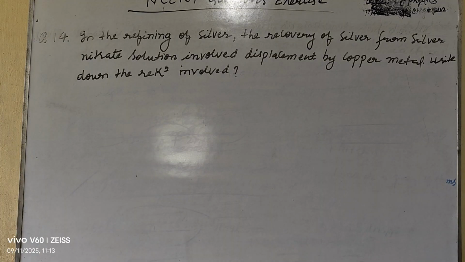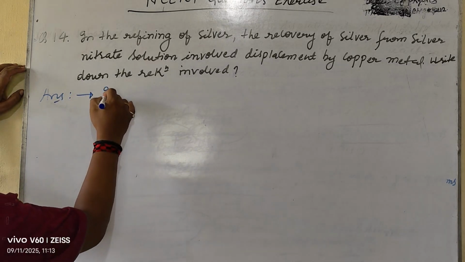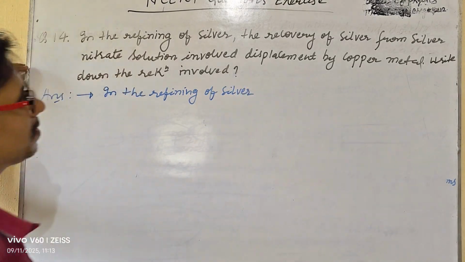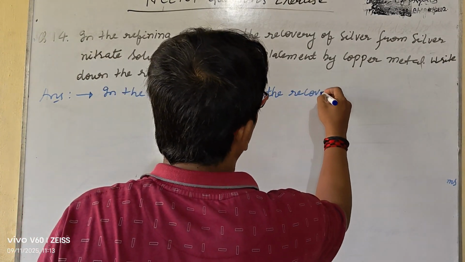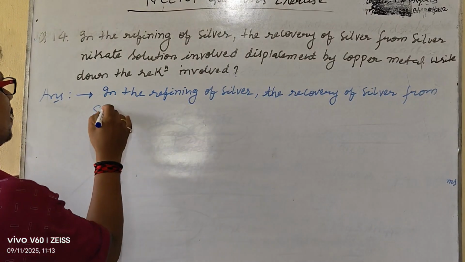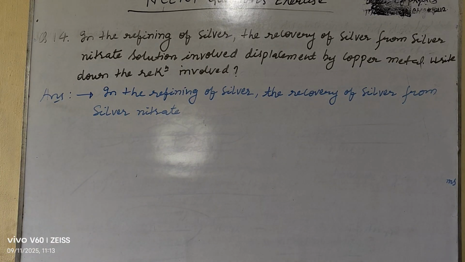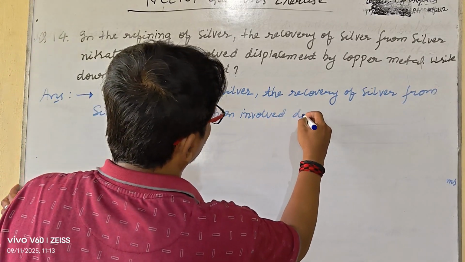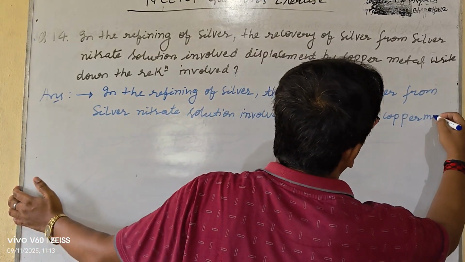So what is the reason? In the refining of silver, the recovery of silver from silver nitrate solution involves displacement by copper metal.